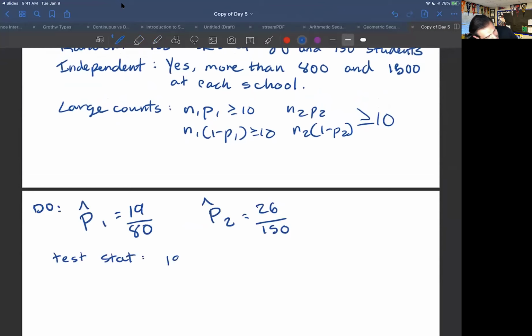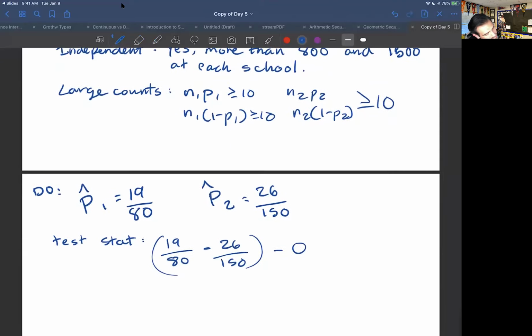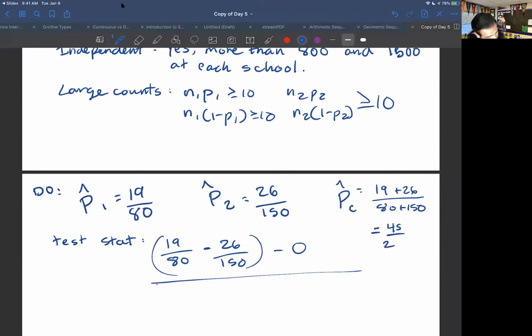The test statistic is 19 over 80 minus 26 over 150, that minus 0, over, and now I need the pooled statistic, which is 19 plus 26 over 80 plus 150. That is going to give us 45 over 230, which is about 19.57%.